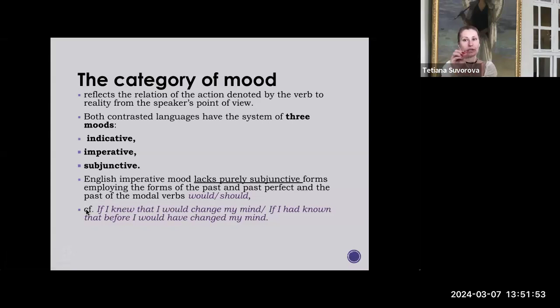So, the predication, to express who, when, and what is doing. So this implies in both languages a lot of peculiarities. It's not to be covered within one lecture, within 2 lectures or 3 lectures even, yeah?